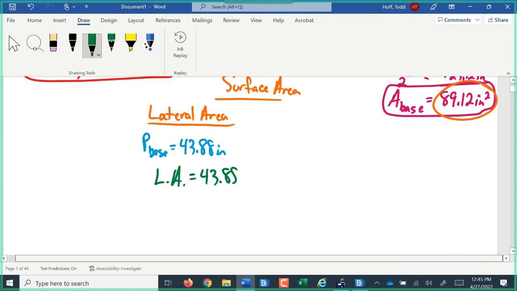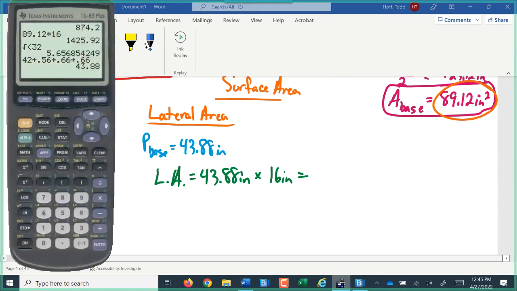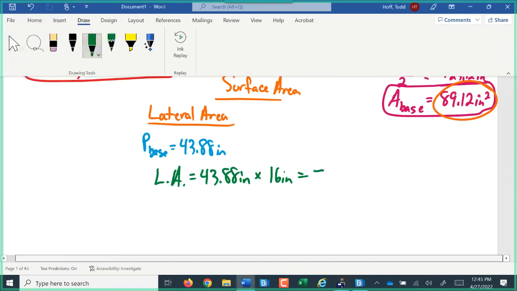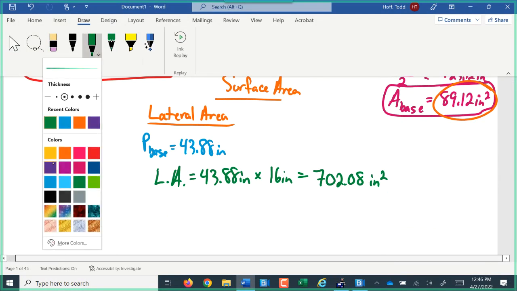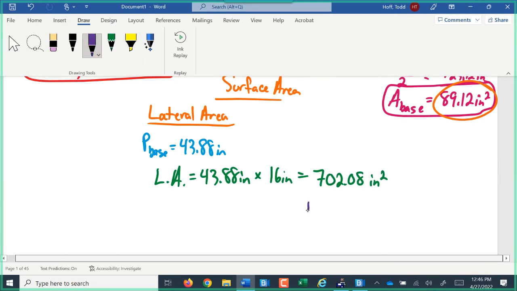Times it by the height, which is 16. Perfect, 702.08. That's our lateral area. So to get total surface area, what do I have to combine with that? The area of the base. Area of the base is 89.12. Have to add it twice because there's 2 of them.